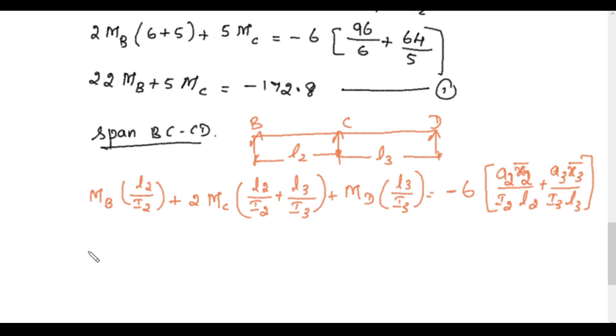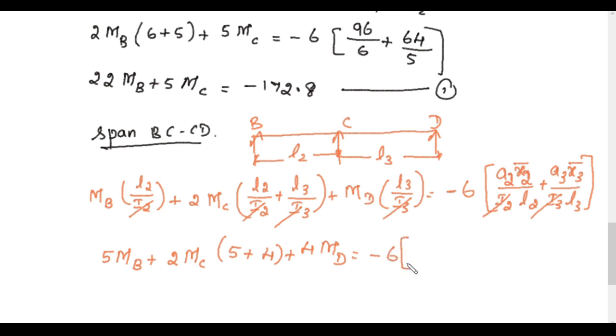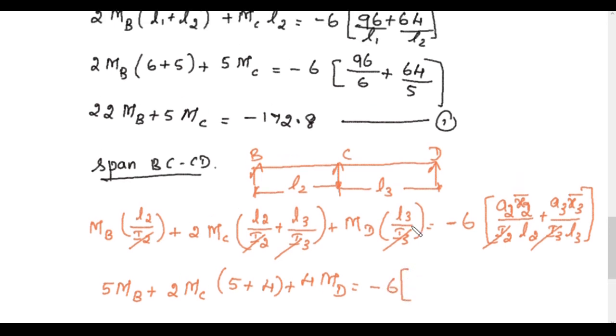So now we will substitute the value. L2 is equal to 5, so we will cancel this I. So we get 5 MB plus 2 MC into L2 is 5 plus L3 is 4, plus L3 is 4, so 4 MD is equal to minus 6 into A2 x2.